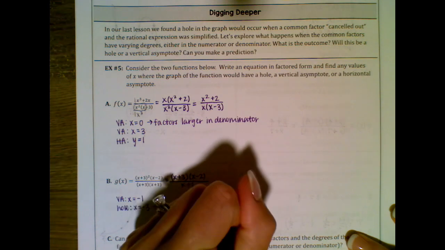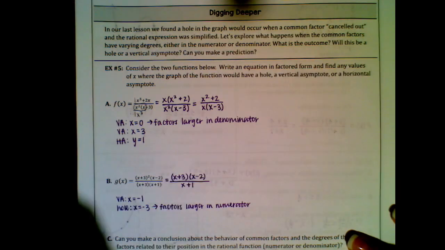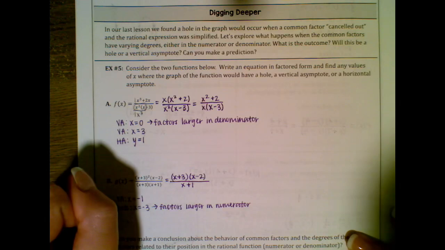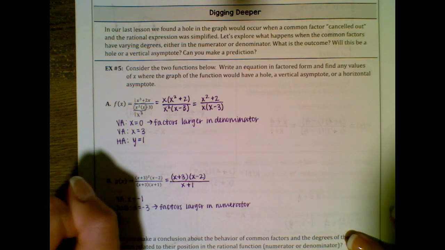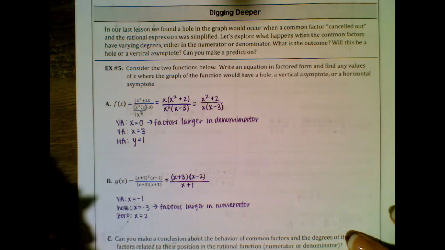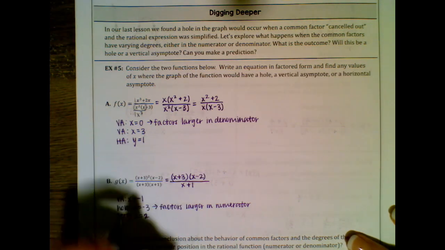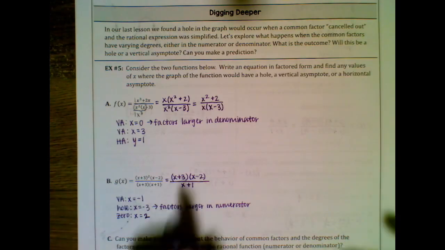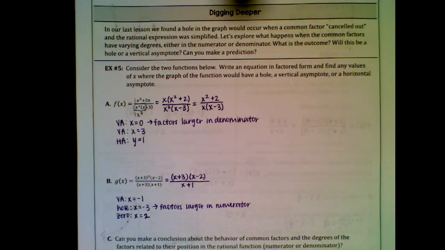And then this function has a zero or a root or an x-intercept at x equals 2. Because remember, you find those in the numerator when you set the numerator equal to 0. Okay? Alrighty.